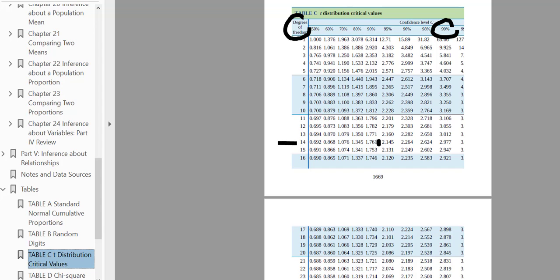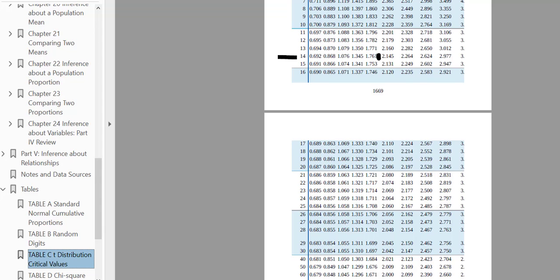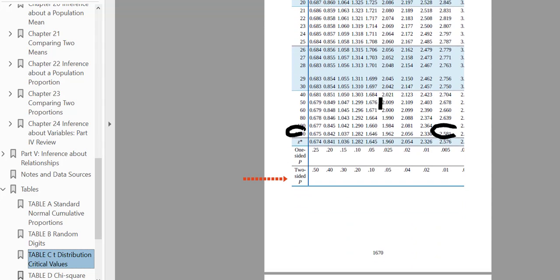Alright, so to find the p-value, we're still going to go down to the p row. We're going to follow this down to the p row. Remember, we're between these two columns. And we're going to go down to the one-sided and two-sided p.